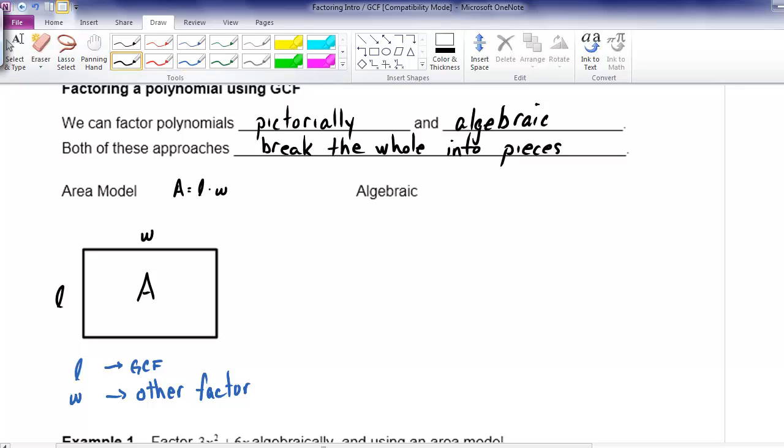Algebraically then, when we factor, we're generally going to get 2 pieces for us. And I'm going to try to be consistent. The first piece is where we're going to have our greatest common factor. And this one here is going to be the other factor. So remember, factoring is unmultiplying. We are unexpanding.